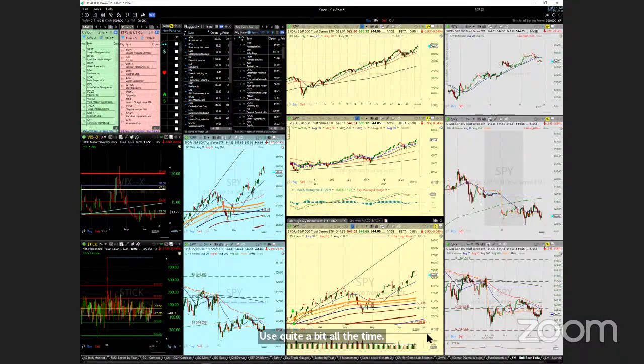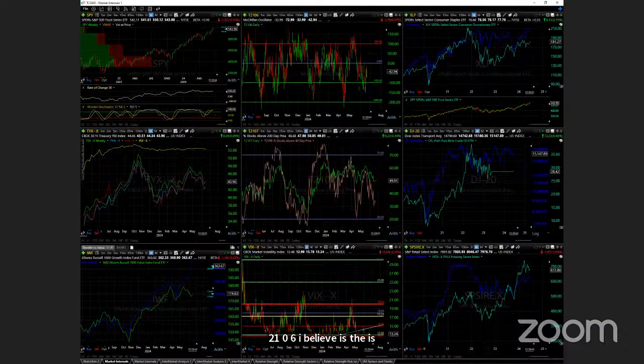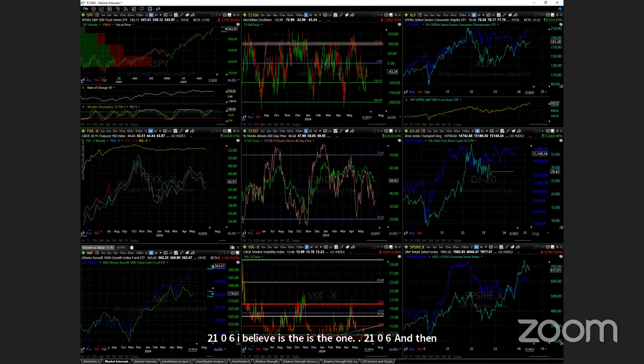Is there anything else that I can share? Breadth. What is that in? I'm not sure. I don't use TradeStation, so I. Oh, in TC, it's T2106, I believe, is the one, and then these levels are just the ones that Greg provides.